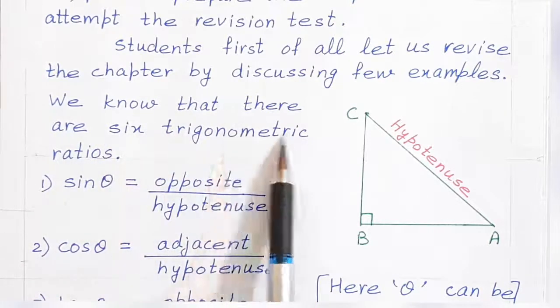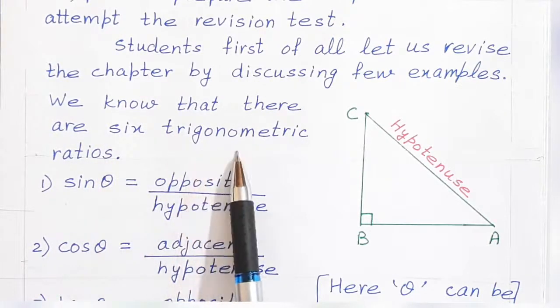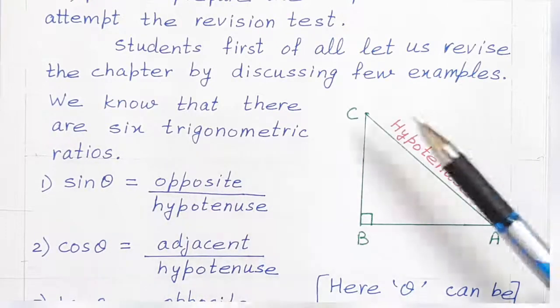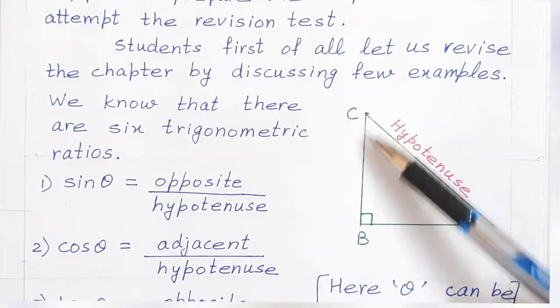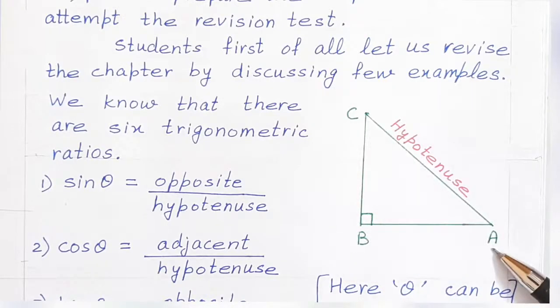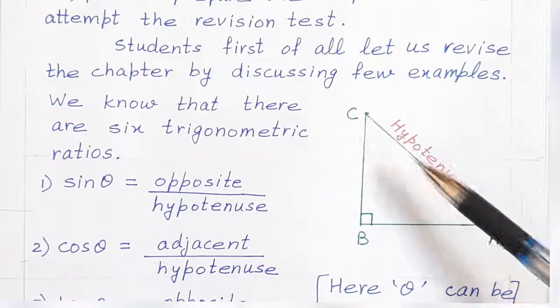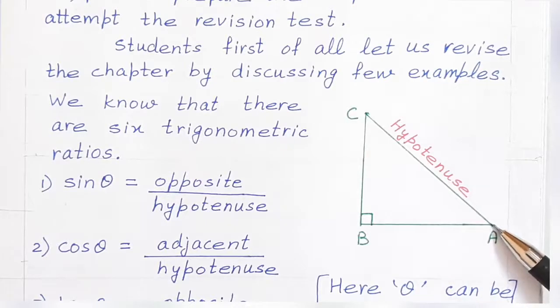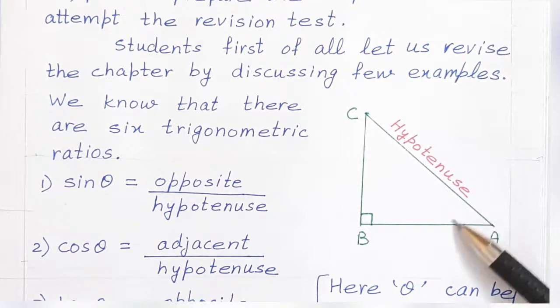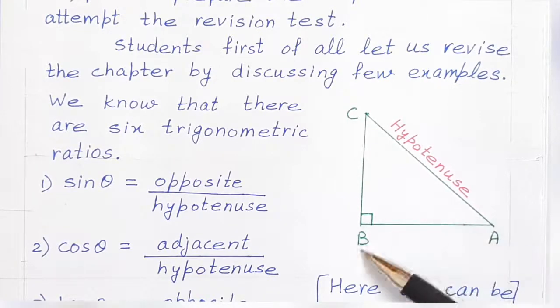We know that there are 6 trigonometric ratios. Now let us consider a right angle triangle where AC is the hypotenuse and side opposite to angle A is BC.